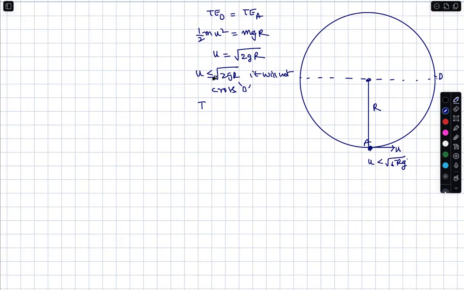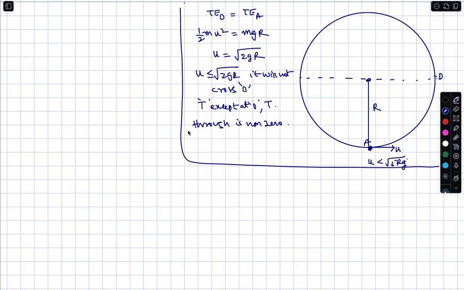Equal to that, it is just zero at D. Tension is not equal to zero throughout, except at D. Tension throughout is non-zero. Clear? One hurdle is crossed.